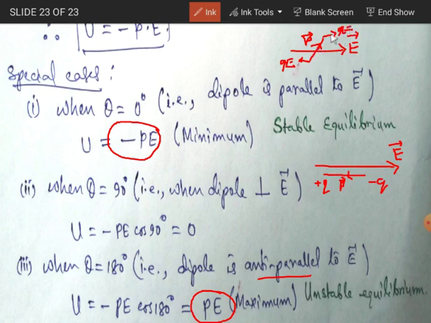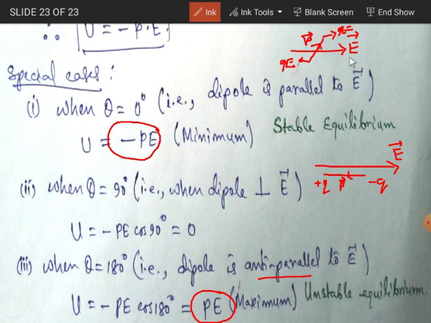So two forces are acting, one against the field and another along the field, one toward the left side and the other toward the right side. So the net force will be equal to 0. That means the force is balanced. Even though the net force is equal to 0, there is a rotating effect in this case.